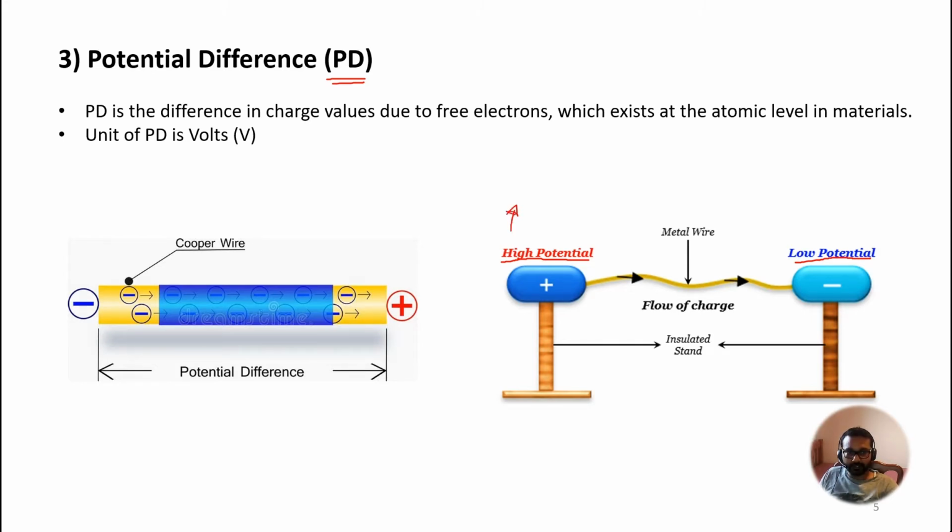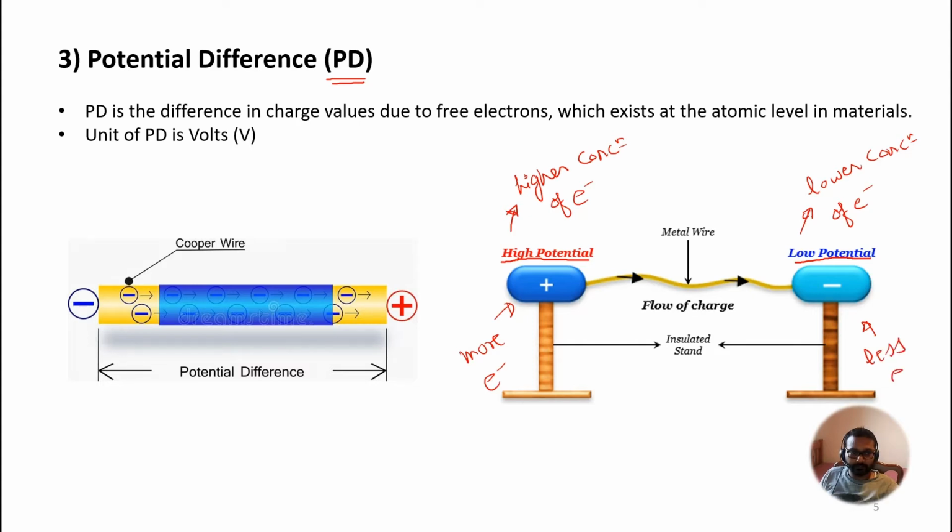So higher potential will mean higher concentration of electrons, or basically you would have more number of electrons in this material at higher potential. And similarly, the lower potential would mean you would have lower concentration of electrons. That means this side of the material will have fewer electrons, right?